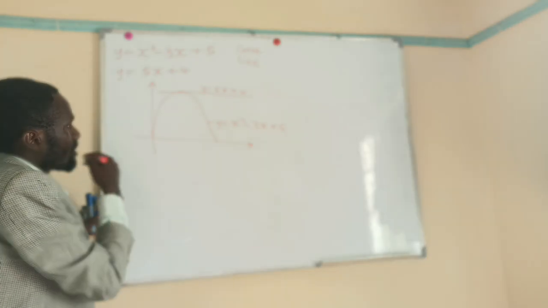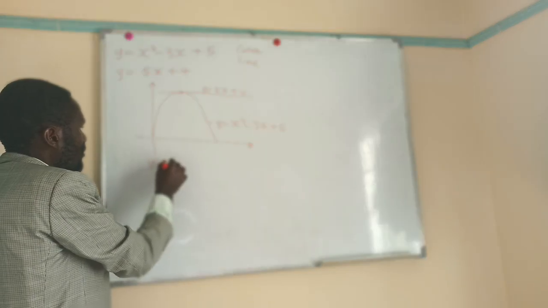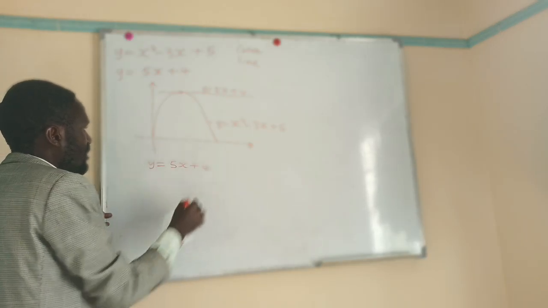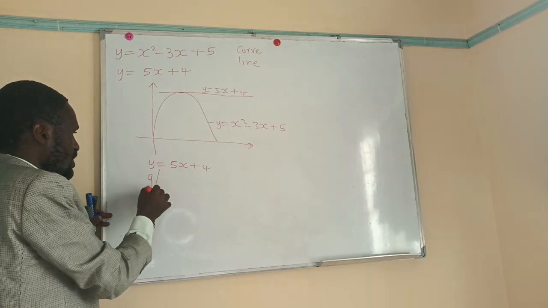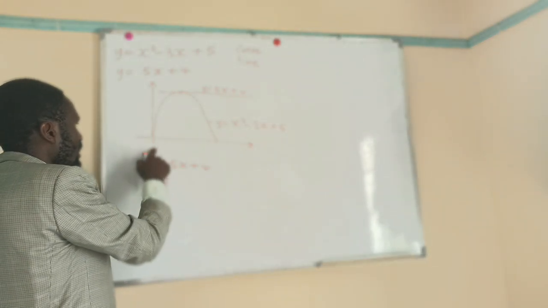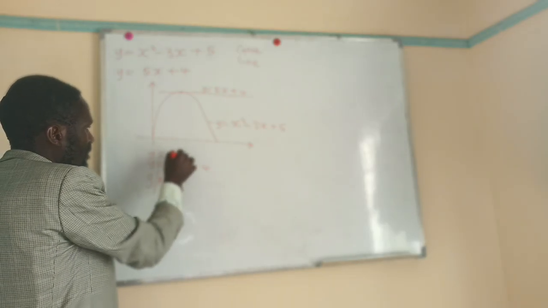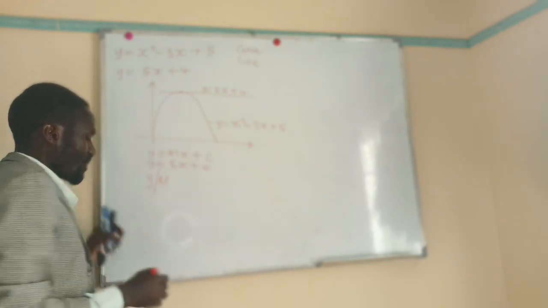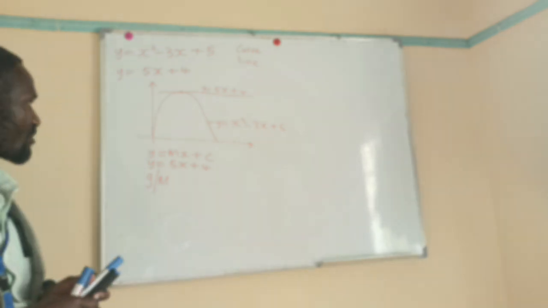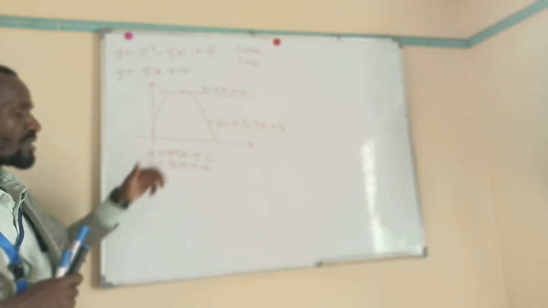So what do we do then? If the equation of the line is y is equal to 5x plus 4, then the gradient is represented by m. In mathematics, the equation of a line is always given in the form y is equal to mx plus c.